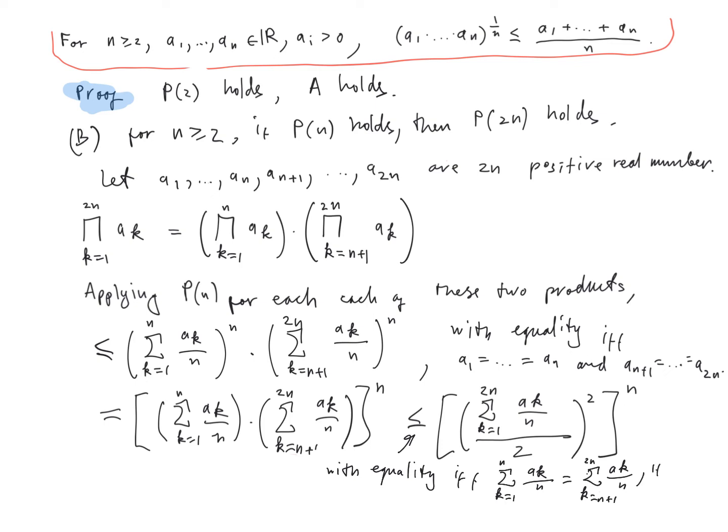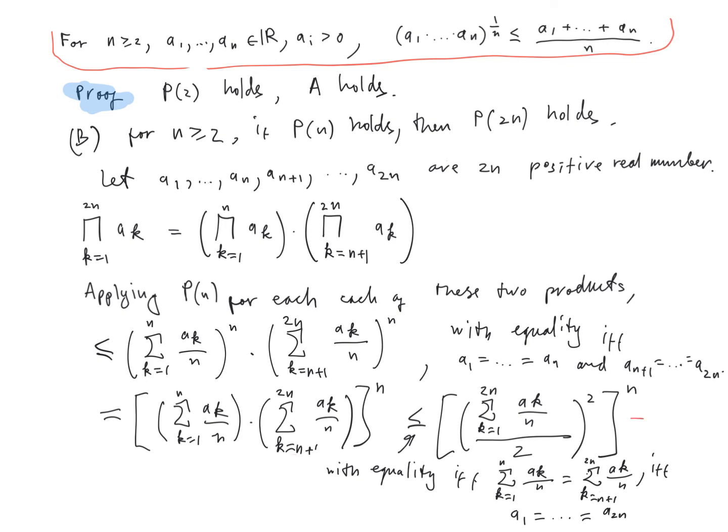But this happens if and only if a1 is equal to a2, etc., is equal to a2n. Since from earlier we know that either of these two equalities can be obtained only in the case that the first n numbers, all of them are pairwise equal, or the second n numbers, all of them are pairwise equal.